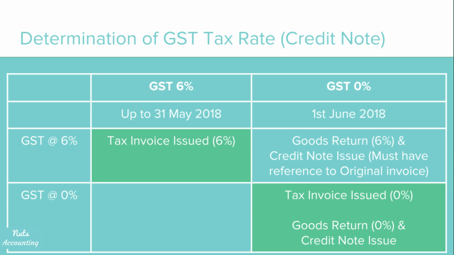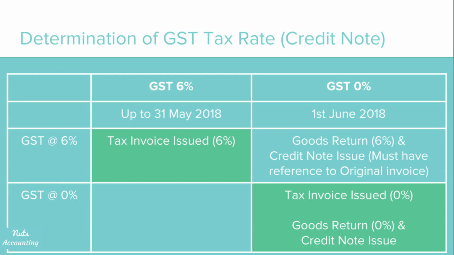So in this situation, although it's already during the 0% GST era, when you issue your credit note, you must still issue a credit note with 6% GST in it. The reason is you have already charged 6% GST on that particular product. So now when it's being returned, the GST must be returned to your customer as well.